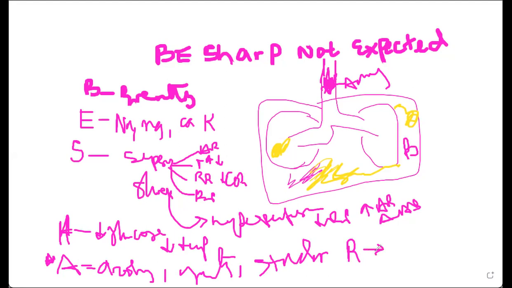Examiners try to trick you. I see the R as a neurological problem, but how does a patient present when neurological function is affected? They may be lethargic, and then they may have an acute mental status change, and then they may have a seizure.